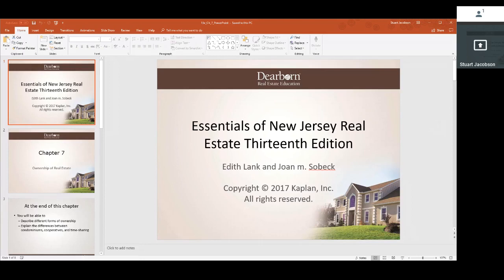The person or entity that owns it in severalty has all the rights to that property in regard to however the freehold estate is set up, whether it's fee simple, fee defeasible, fee determinable, life estate, things like that. So if you have a fee simple estate, a simple fee estate, fee absolute, and you take title as tenancy in severalty, you own it individually.